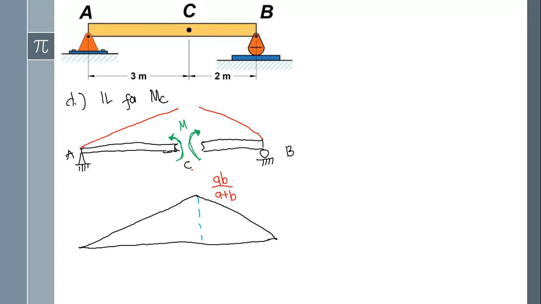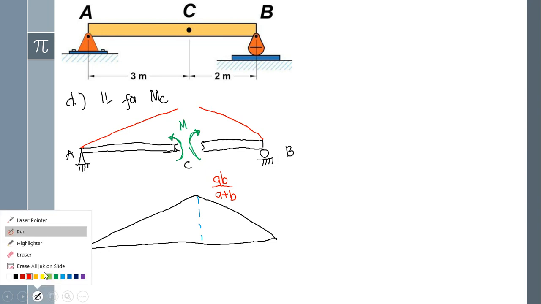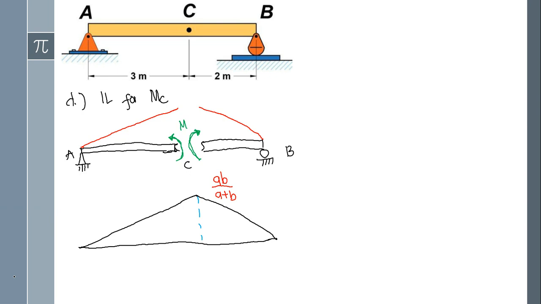The A plus B is the same as earlier in the shear, the total length. Where we made the cut, the left side is A, and this is C, the right side is distance B. So A is 3 and B is 2.